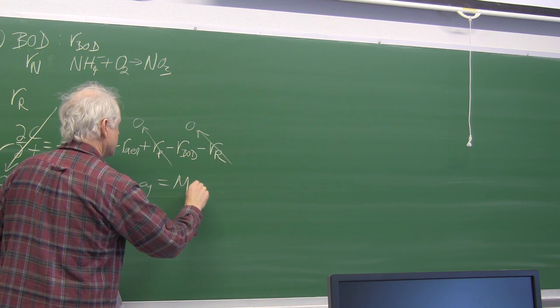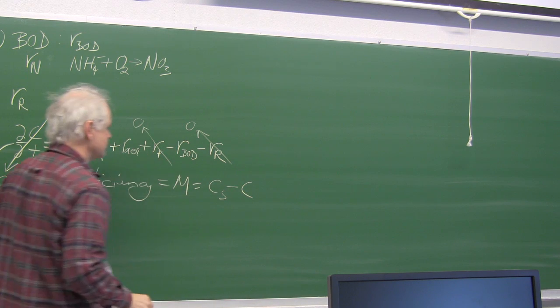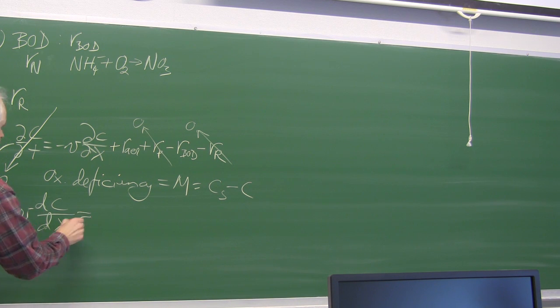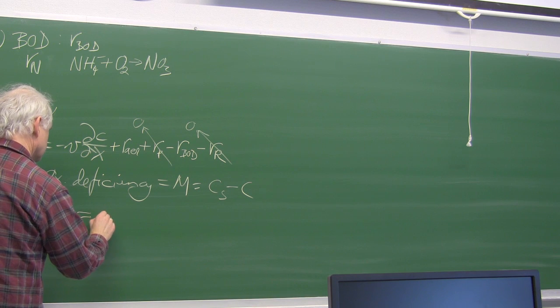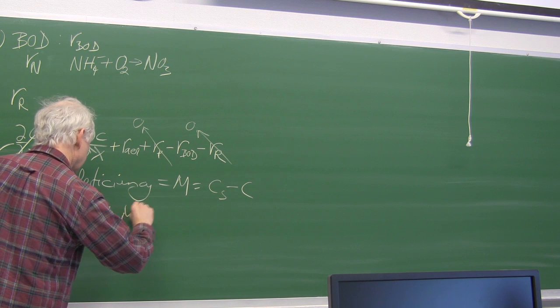m is equal to Cs minus C. If we do these simplifications, we see that the whole equation changes quite a bit. dC/dx times v is equal to just K2 times m.